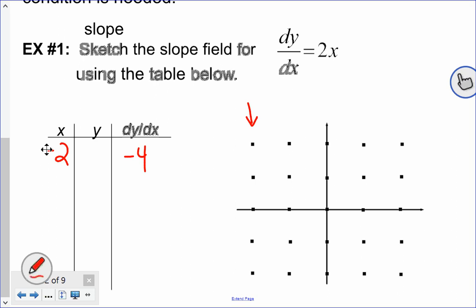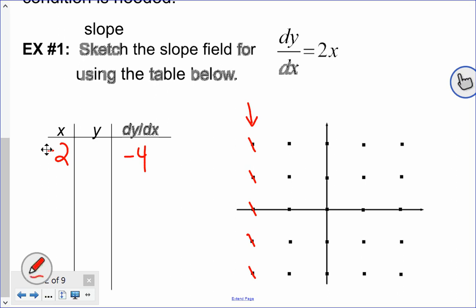So no matter what y value I'm at, dy dx is going to equal -4. So at every value on that whole column, we make little tiny segments with slopes that look about like -4, which is fairly steep. We're representing that if there was a curve drawn there, that's the little piece of the tangent line and what it would look like.